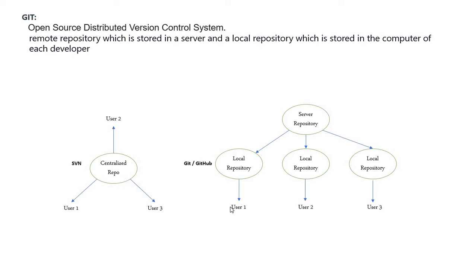That is how this distributed version control system has an advantage over the centralized repository, where when the centralized repo is down, all 3 users are idle. But in this case, they can still keep working. That's one of the advantages.